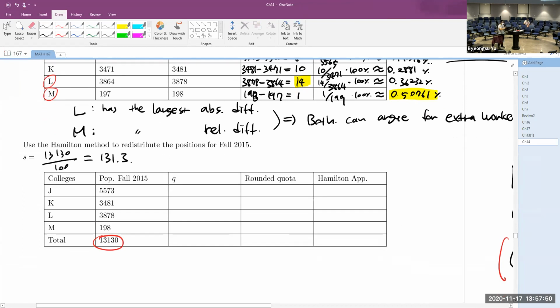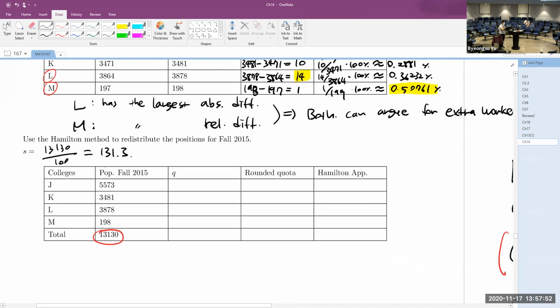And your Q is nothing but the population divided by S. If you calculate it, what you get is 42.4448. Q is the quota, right? So what I do is just divide the population by S, as we calculated here.